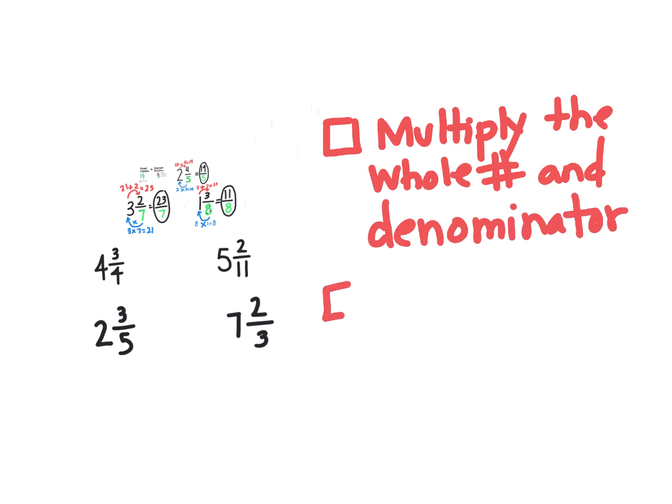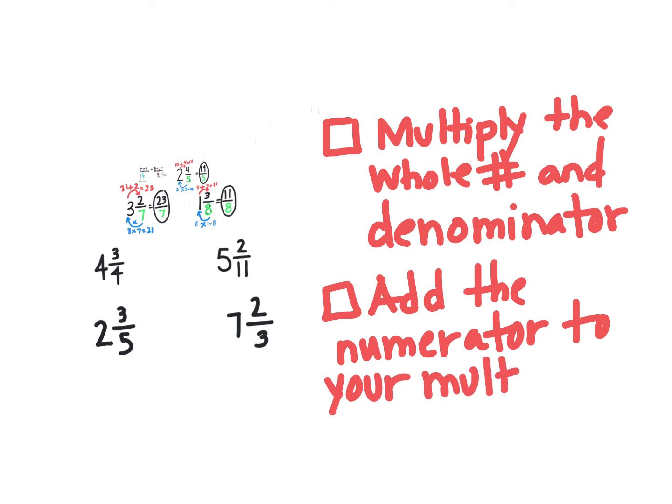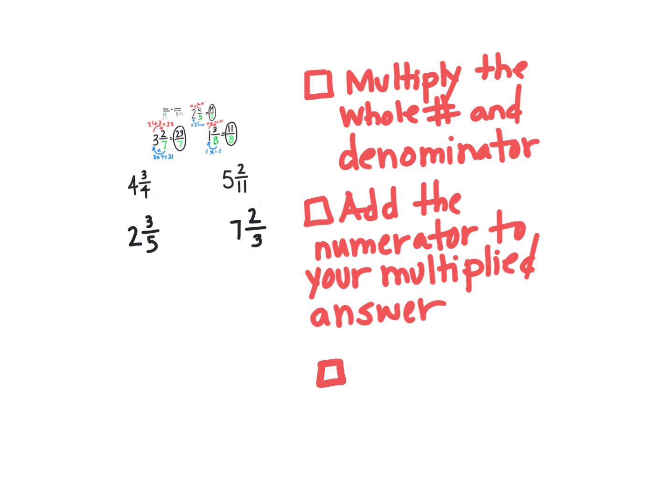The second thing you are going to do is add the numerator to your multiplied answer. Okay, that's important. You're going to add that. And then after that, you are going to create an improper fraction.